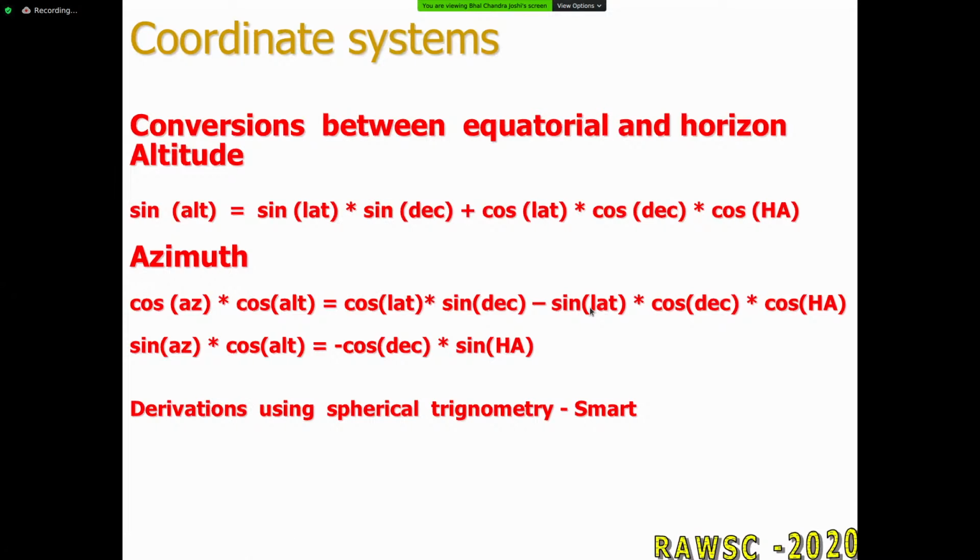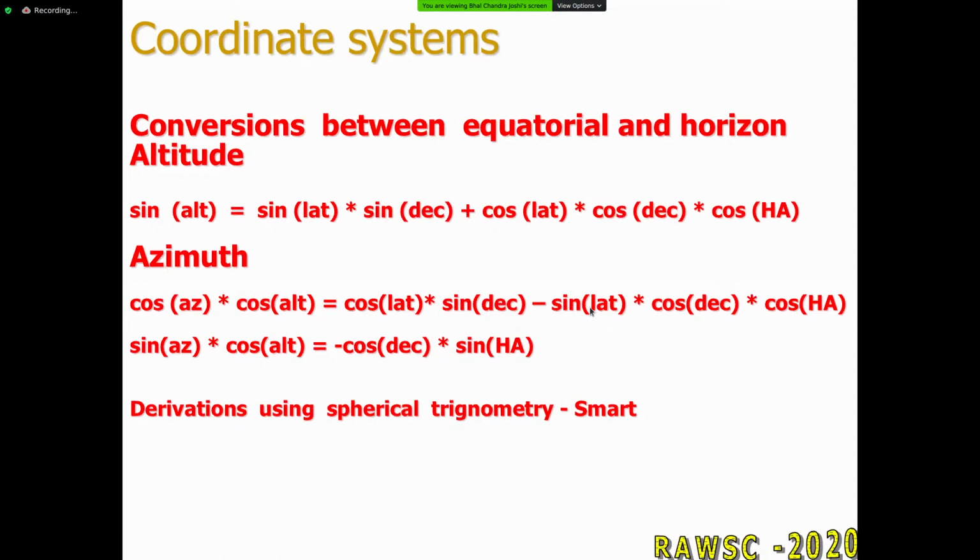So this is the typical coordinate transformation. And that also makes it clear that the horizon system is time and place dependent. On the left-hand side, you have the altitude and the azimuth, or sine and cosine of altitude and azimuth. On the right-hand side, you have the declination and a quantity called hour angle, which is related to right ascension.